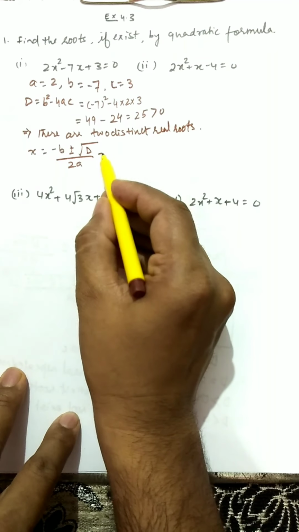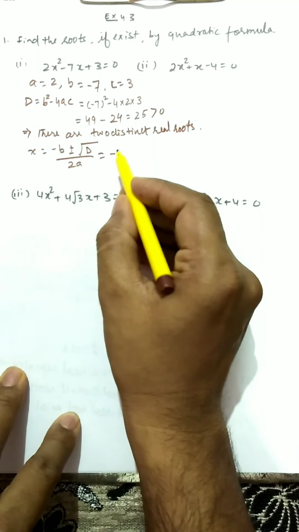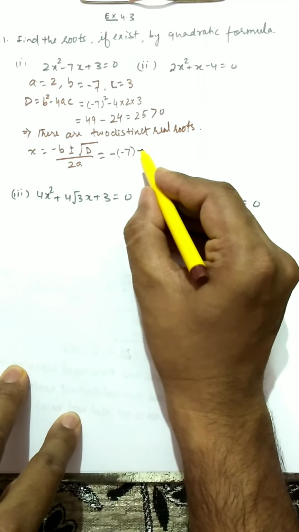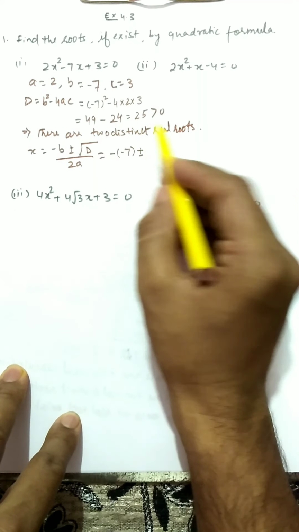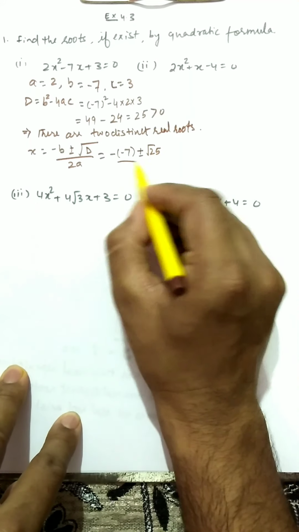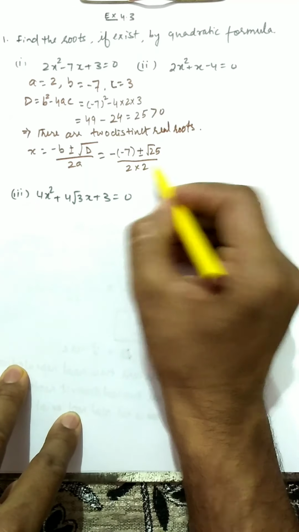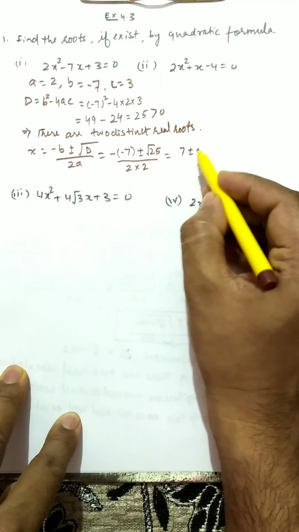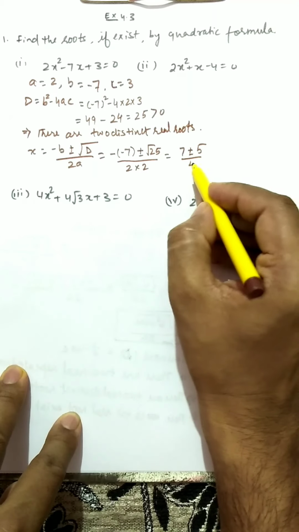The value of b is minus 7, so put minus 7 like this, plus minus under root D. D is 25, and the root of 25 is 5, and 2 into a is 2 into 2. So your values will be 7, plus minus 5, upon 4.